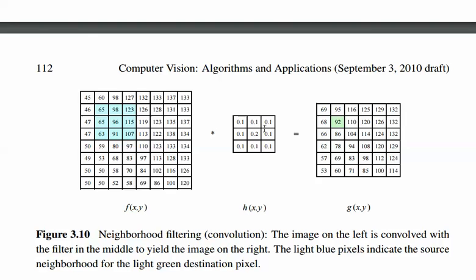We repeat that operation for every pixel on the image, and this will be the resulting image. This is an operation that we need to understand: how we do the convolution.